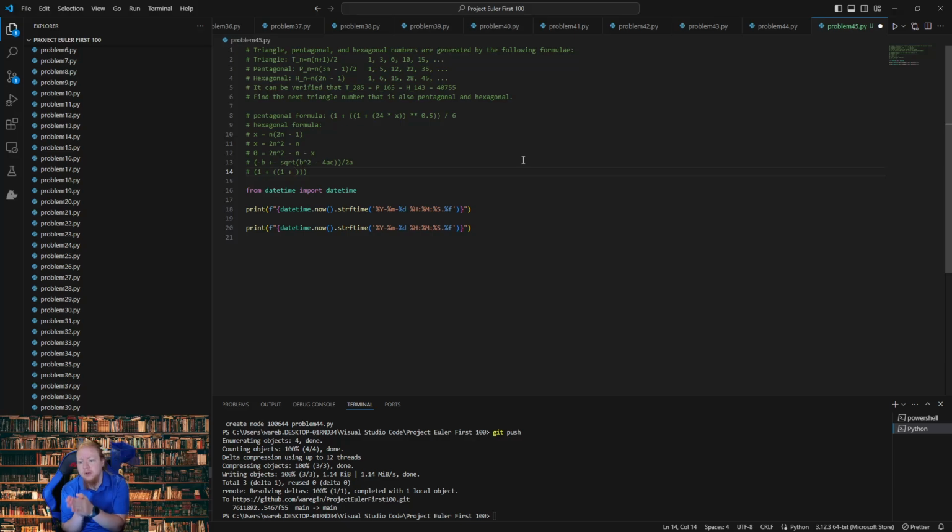So 4 times 2 is 8, a is 2. The negatives cancel out, so it's actually 8x in our case.